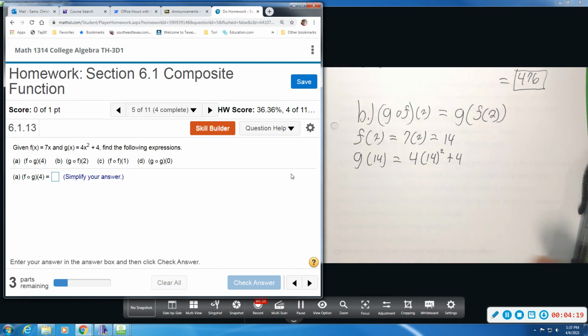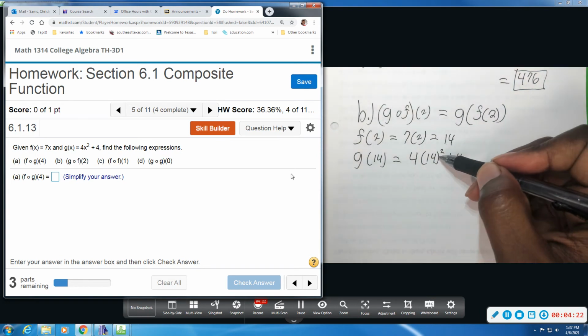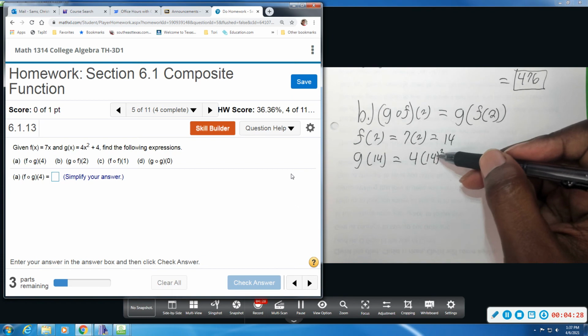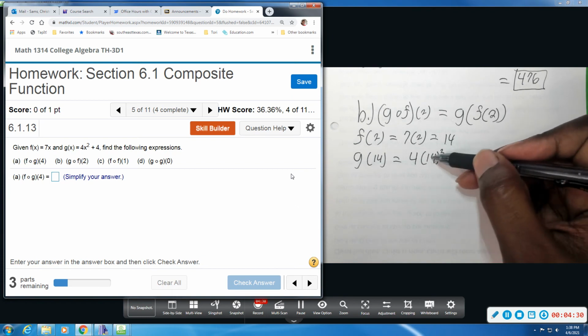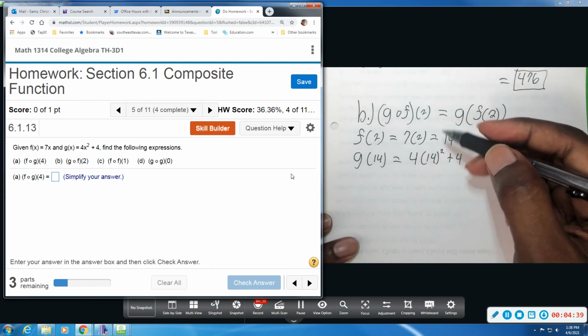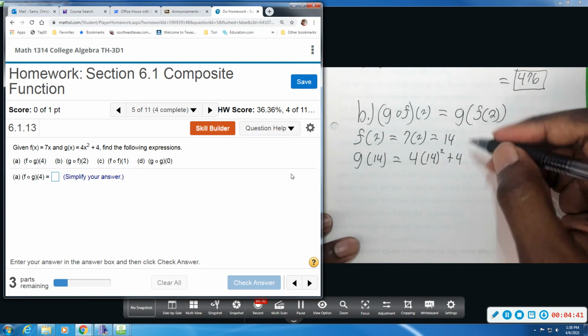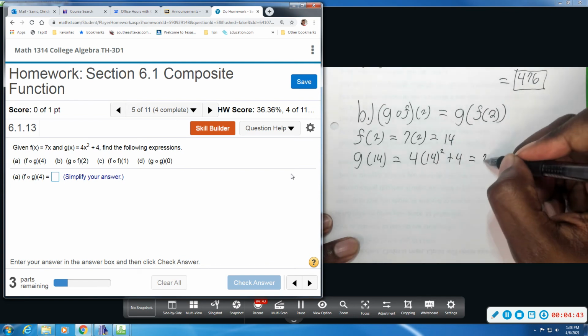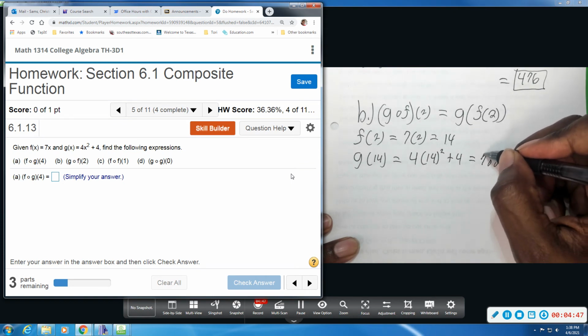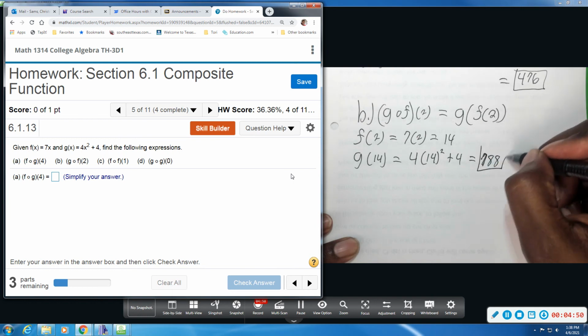So 14 squared is 196. And then times 4, I'm doing a shortcut, so it'll be 800 minus 16. So what is that? 784 plus 4, so that'll give us 788, provided I can do some mental math. 788.